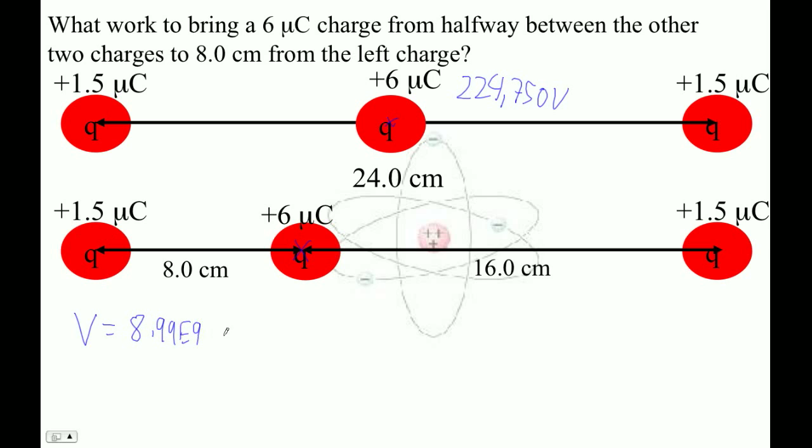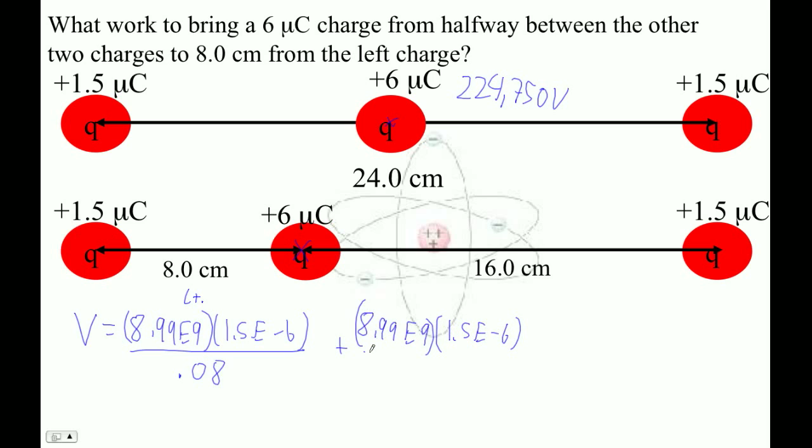This voltage is going to be equal to 8.99 E9 times 1.5 E minus 6 divided by 0.08 for this one. All right, that's the left charge, right? And then we're going to do this guy, right? So 8.99 E9 times 1.5 E minus 6 over 0.16. And this is going to be for the right one. It's hard to say because they're both the same charge. They're both positive, right?